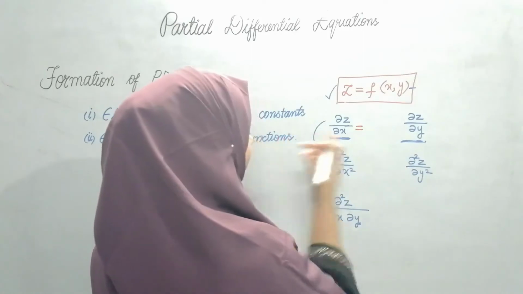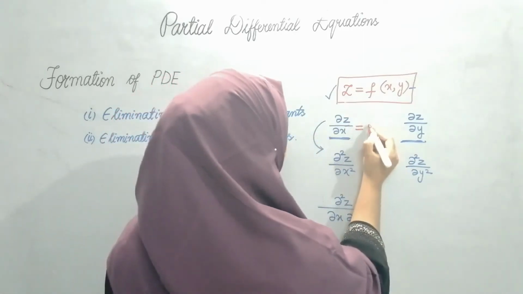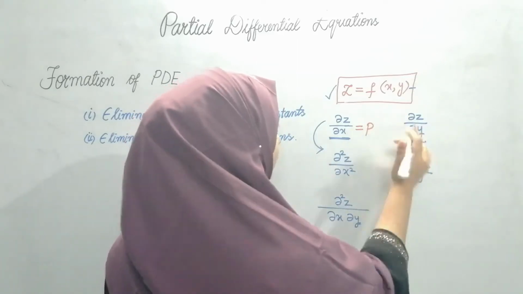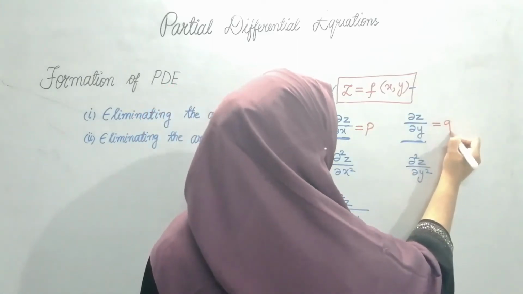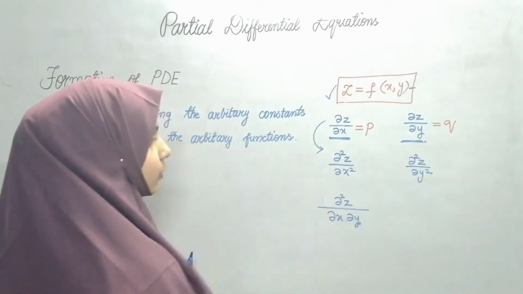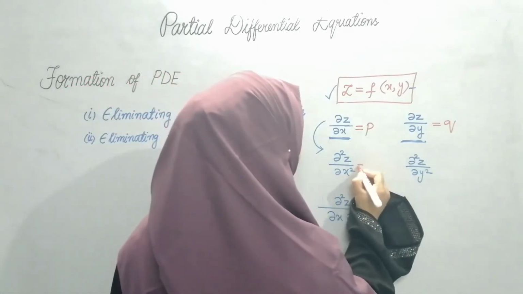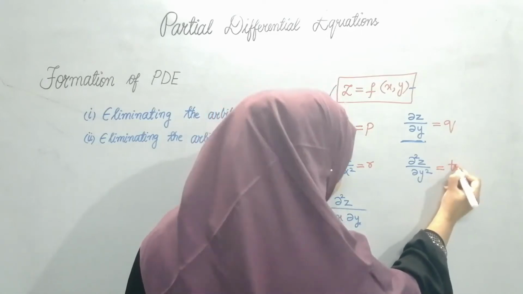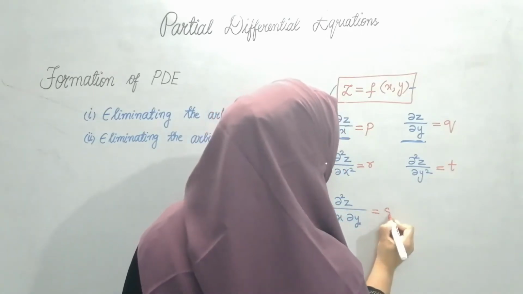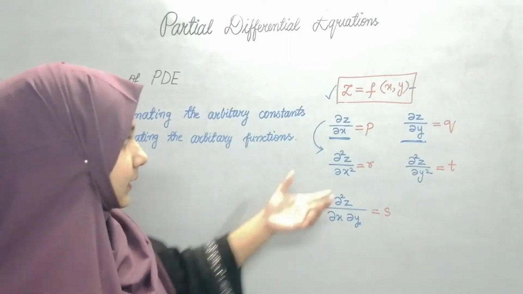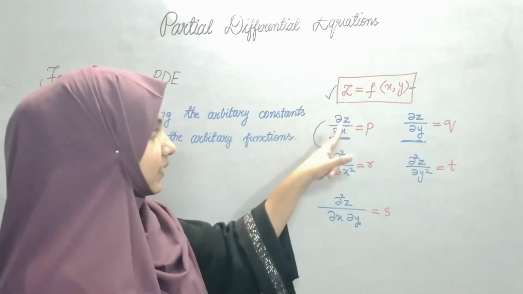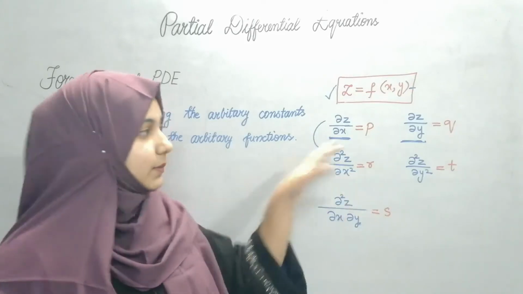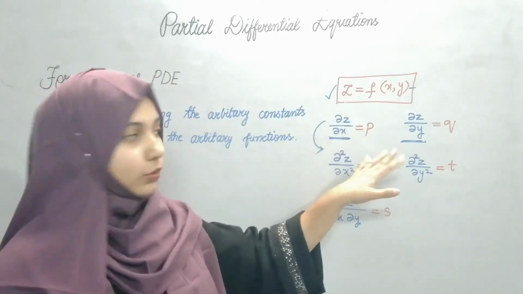Dou z by dou x is represented with P, dou z by dou y is represented with Q, dou square z by dou x square is represented with R, dou square z by dou y square is represented with T, and dou square z by dou x dou y is represented with S. This means wherever I find dou z by dou x, instead of writing it too many times, I can write P instead.